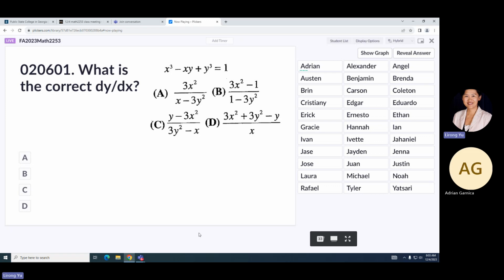To find the derivative of this kind of function, you have to find the derivative of the left side, which you put equal to the derivative of the right side. This process is called implicit differentiation.